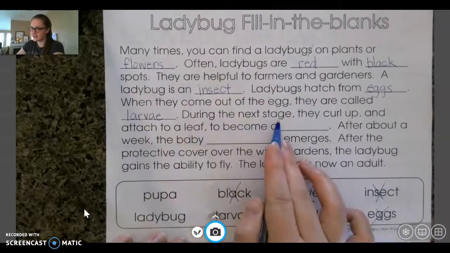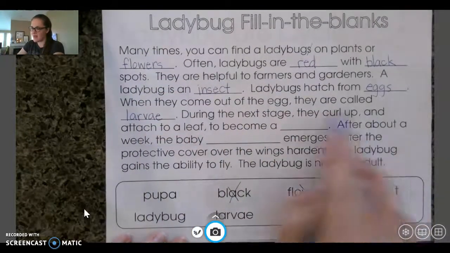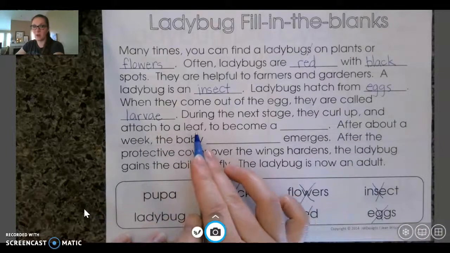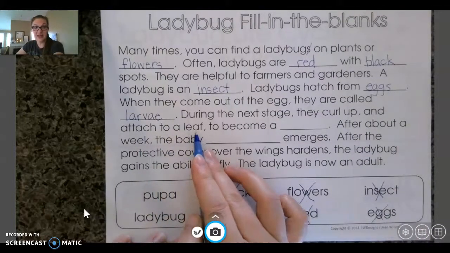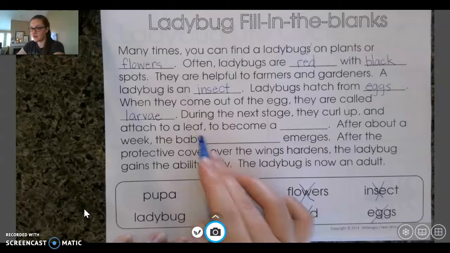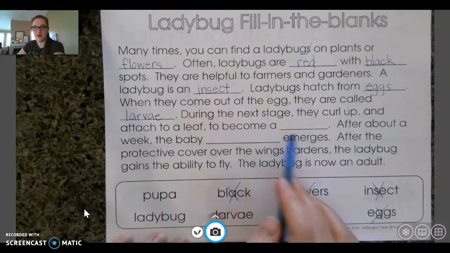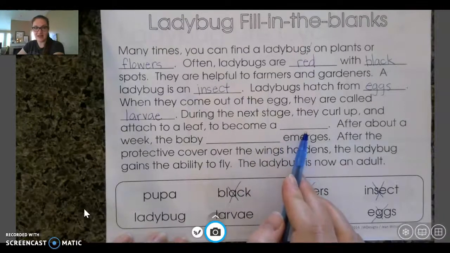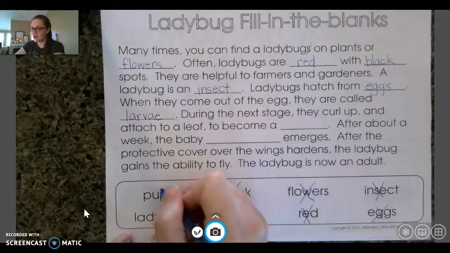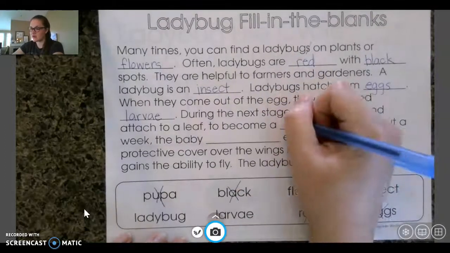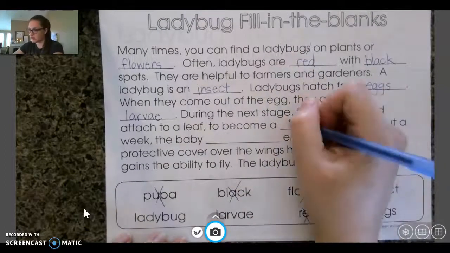During the next stage, they curl up and attach to a leaf. Does that sound a bit familiar? That's like what a butterfly did too. And when they were in that stage, they become a what? Remember, that is when we call them a pupa, and that's when the butterflies are in their chrysalis or cocoons.